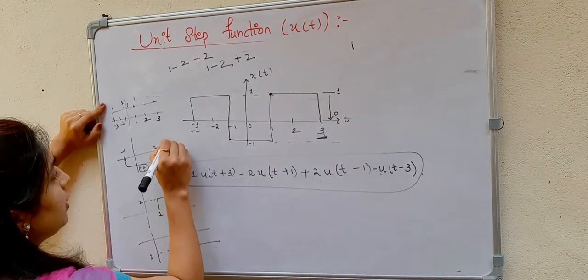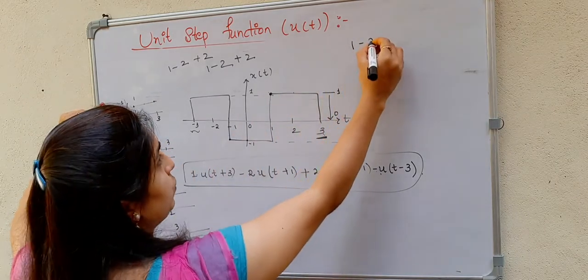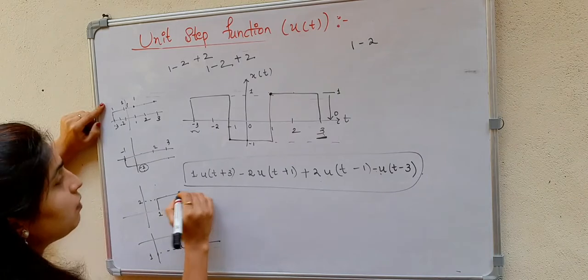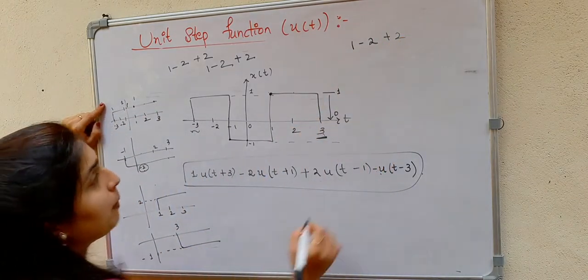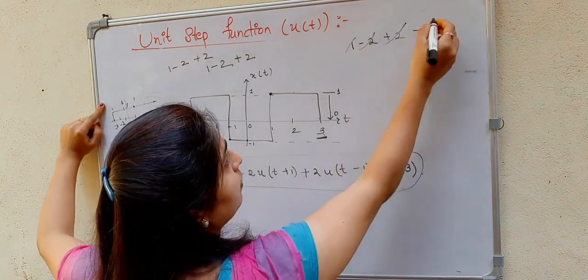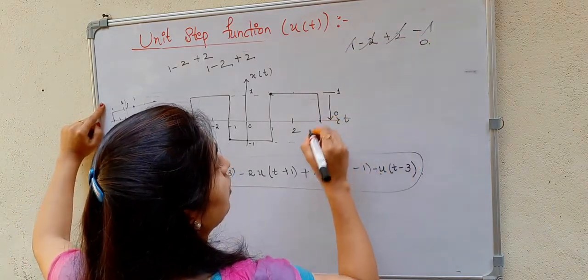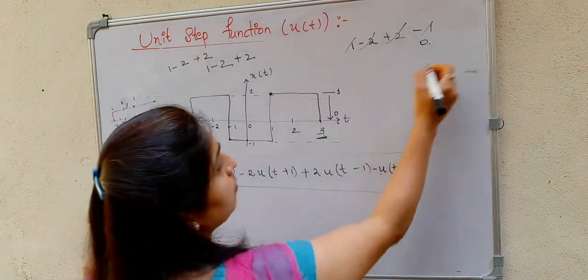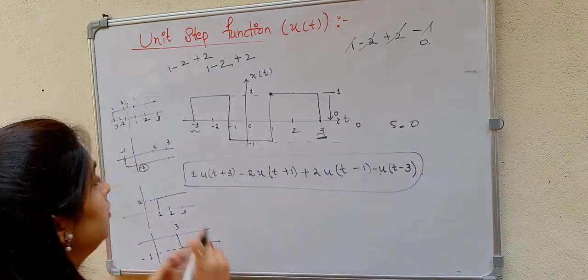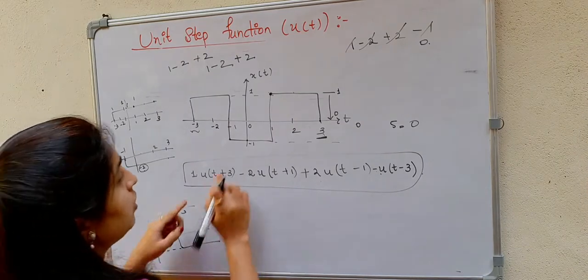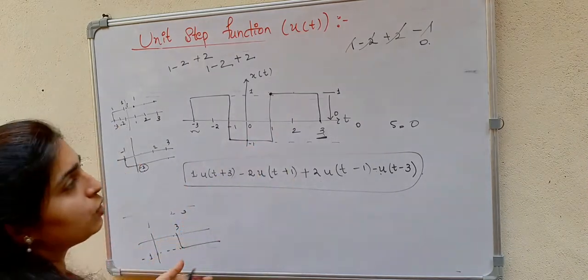Here at 3, you have a value minus 2. Now at 3, you have a value 2. Here you have a value that is minus 1. So that will be equal to 0. So at 4 also it will become 0, 5 also it will become 0. So this is the representation of this signal in terms of u of t.